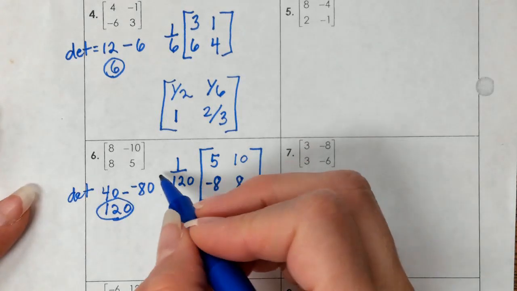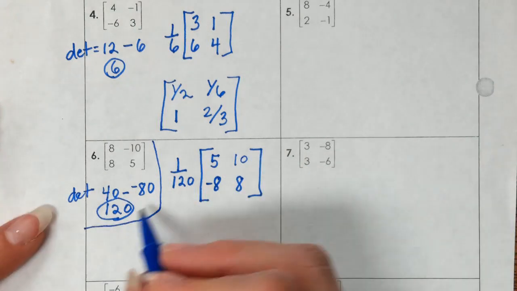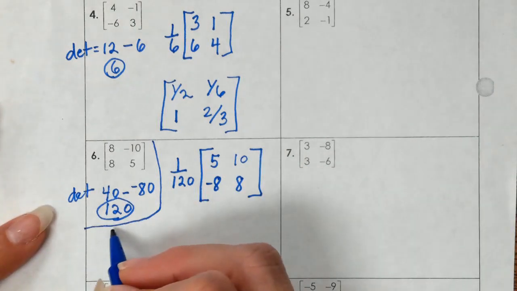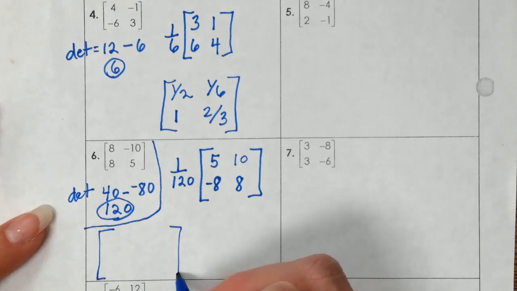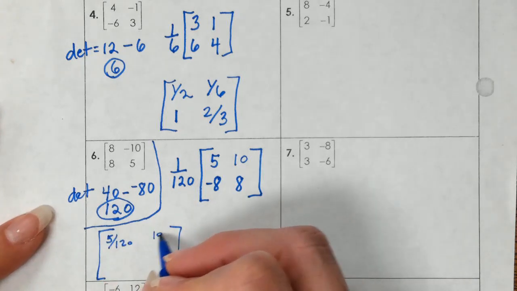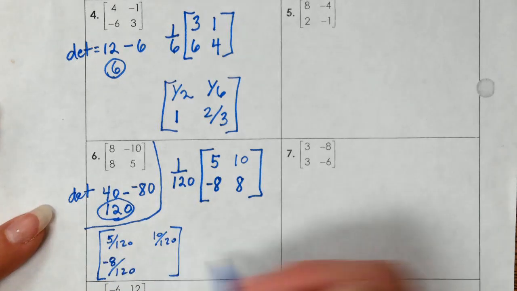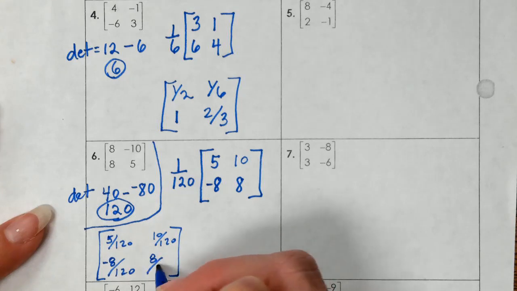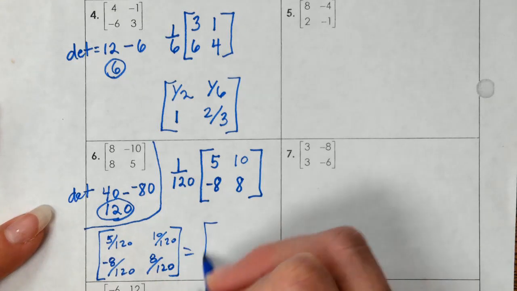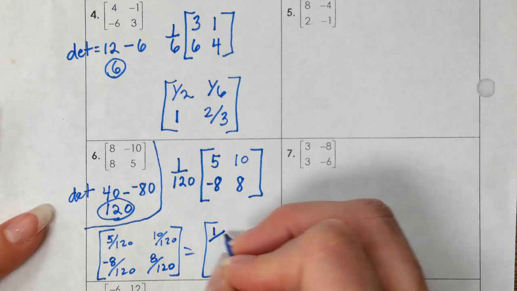Now, I don't have a whole lot of room, but I'm going to write it over here. I would probably go ahead and say it's 5 over 120. It's 10 over 120. It's negative 8 over 120. And it is 8 over 120. And then I would reduce the numbers. Now, 5 does go equally into 120. So 5 will go into 5 once, and 5 will go into 120.